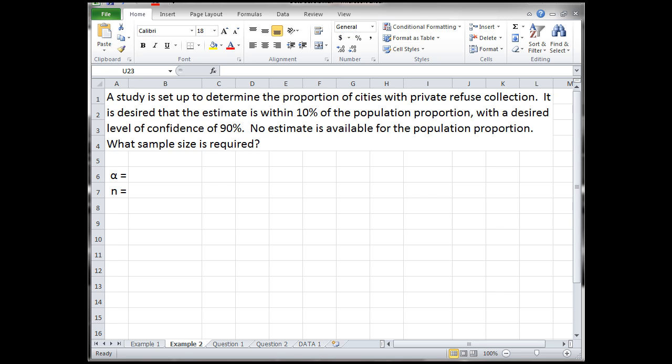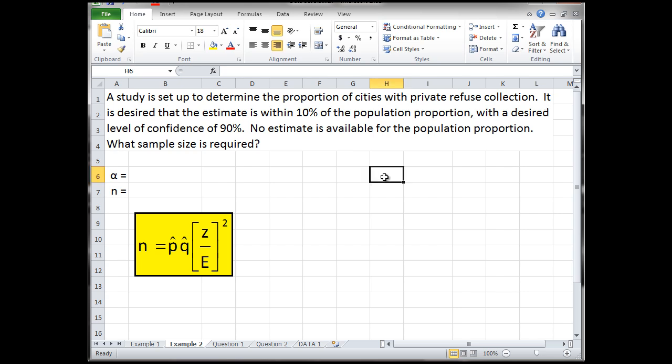So first, using the appropriate formula, we have the sample size is equal to p hat times q hat times z over e, squared. So searching for all the pieces of that puzzle: p hat, q hat, z, and e.